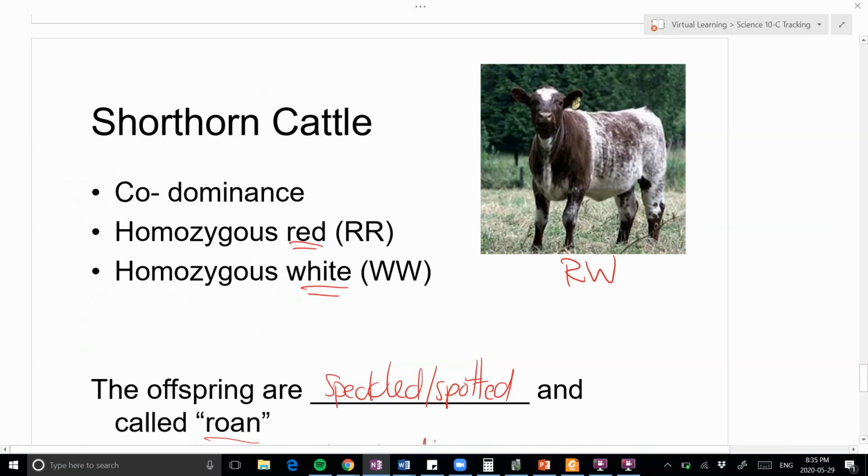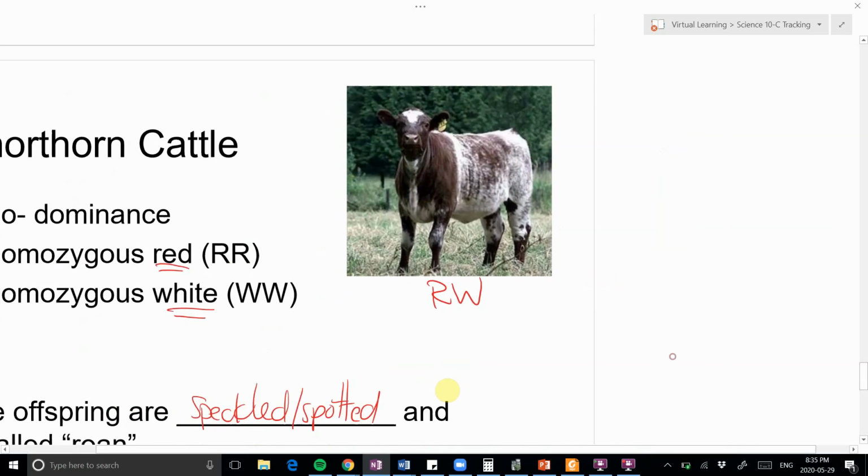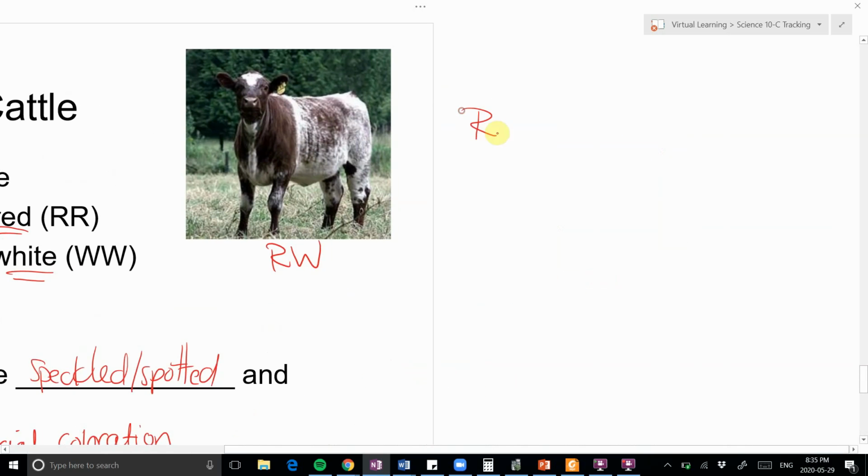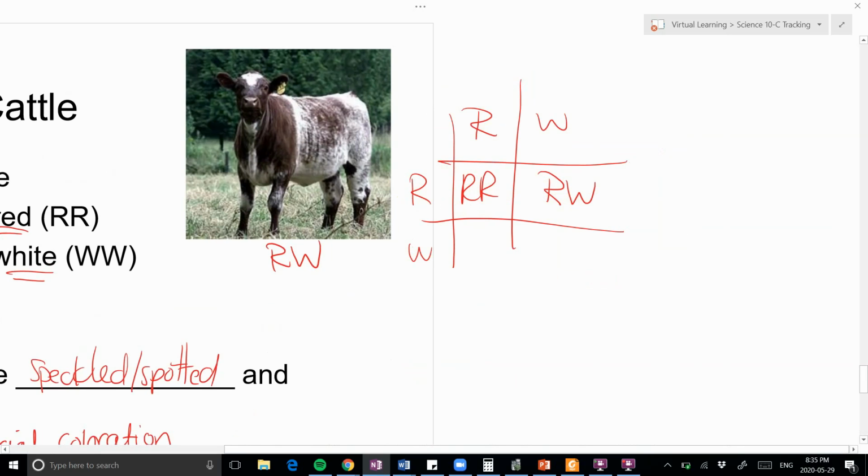Codominance is not restricted to homozygous dominant things. So here, we could take this roan cow, this RW, and cross it with anything, right? You could cross it with another RW. That doesn't change the coloration pattern. It just changes the probabilities for its offspring, right?